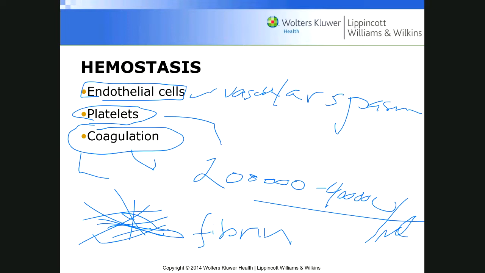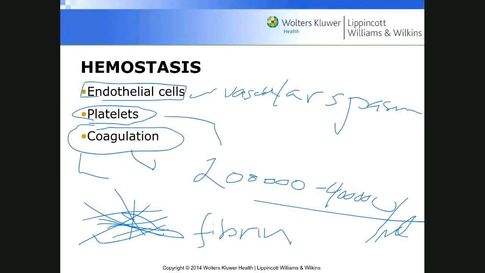Fibrinogen is inactive, right? It's not active yet. Fibrin is the active form. So if you had a lot of fibrinogen, they won't stick together. But if you had a lot of fibrin, they stick together and form a clot.